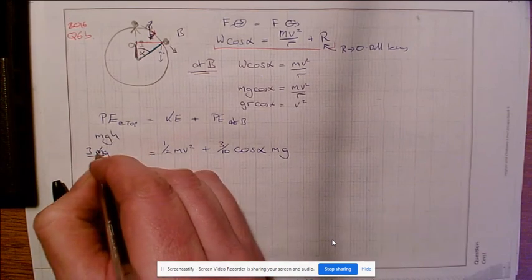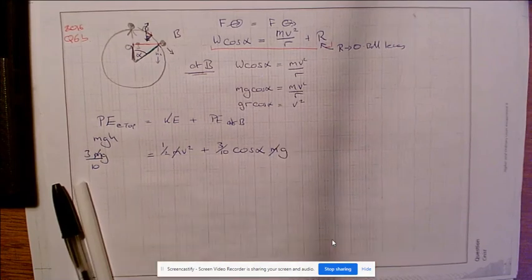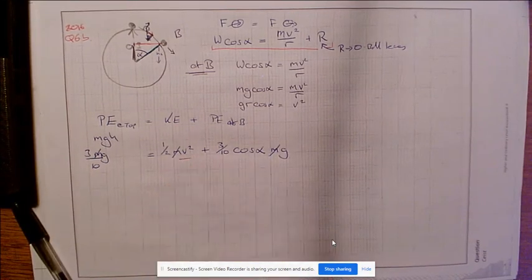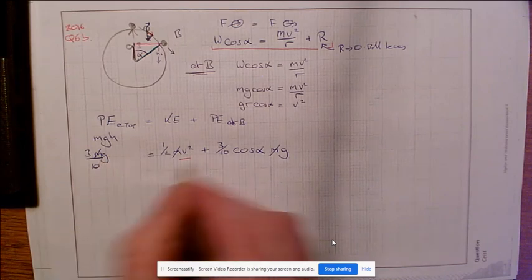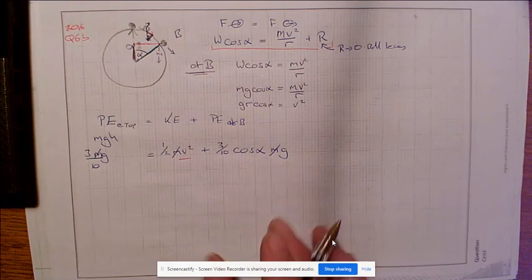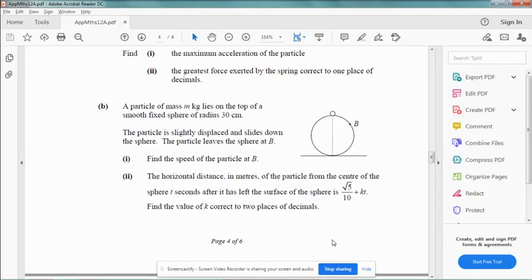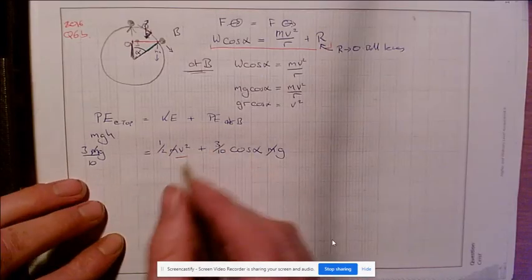So get rid of my m's. Remember that I'm looking for v squared. Sorry, I'm looking for the angle. What am I looking for? The velocity. Find the speed of the particle. Okay, well, let's rearrange it first for v squared.